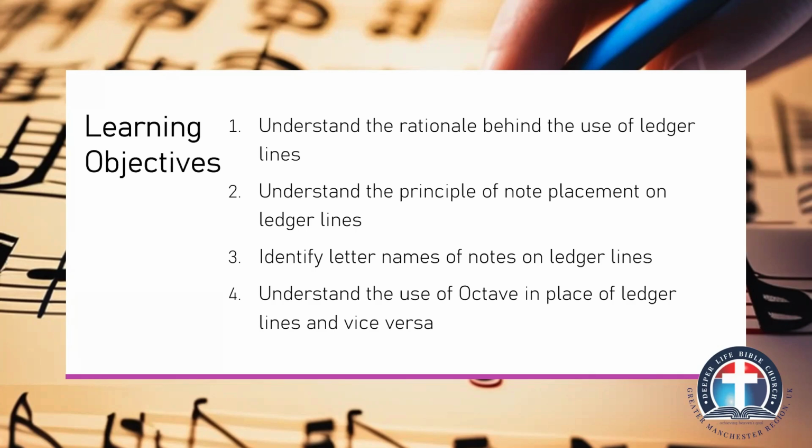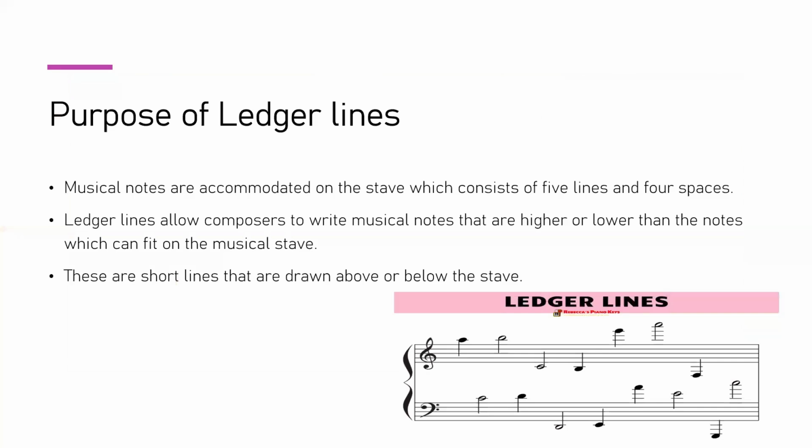Number three, to identify letter names of notes on ledger lines. And number four, understand the use of octave in place of ledger lines and vice versa. So these are the learning objectives we'll be considering in the course of this class.